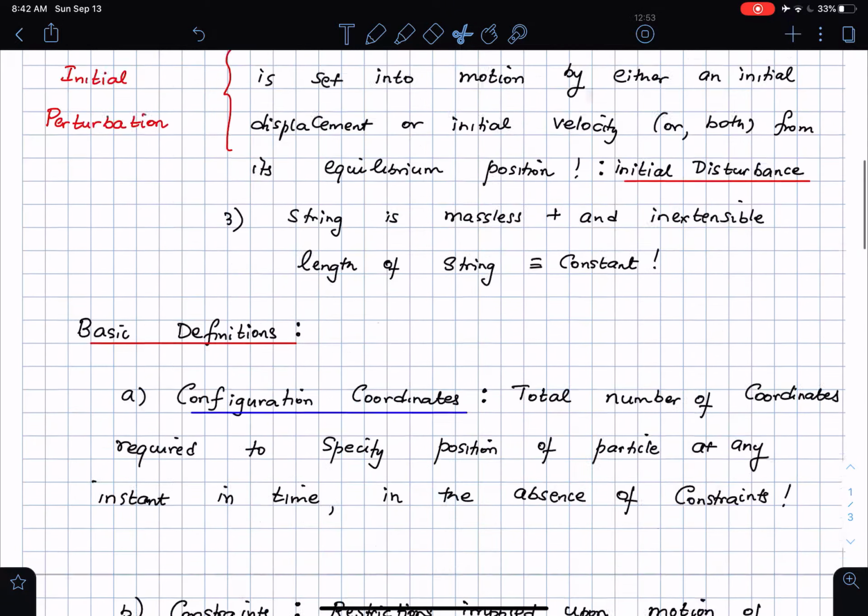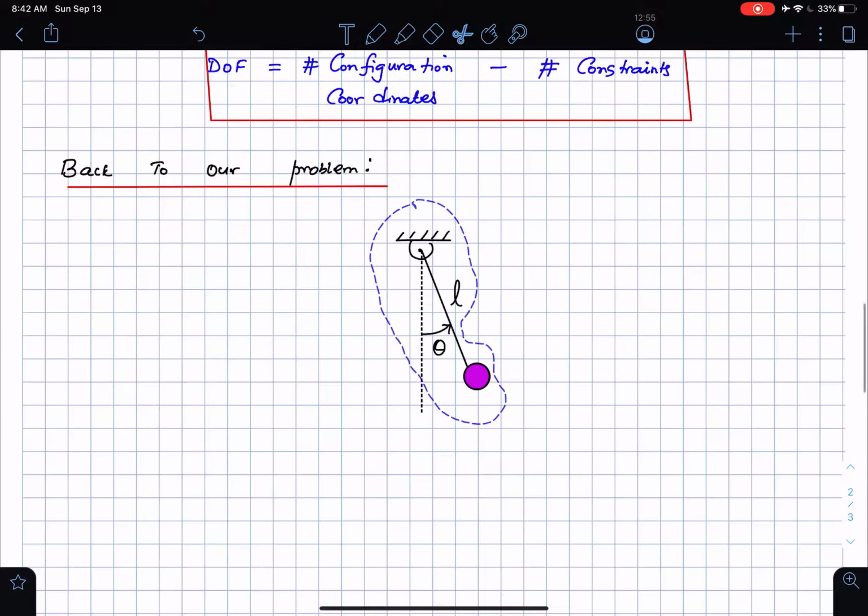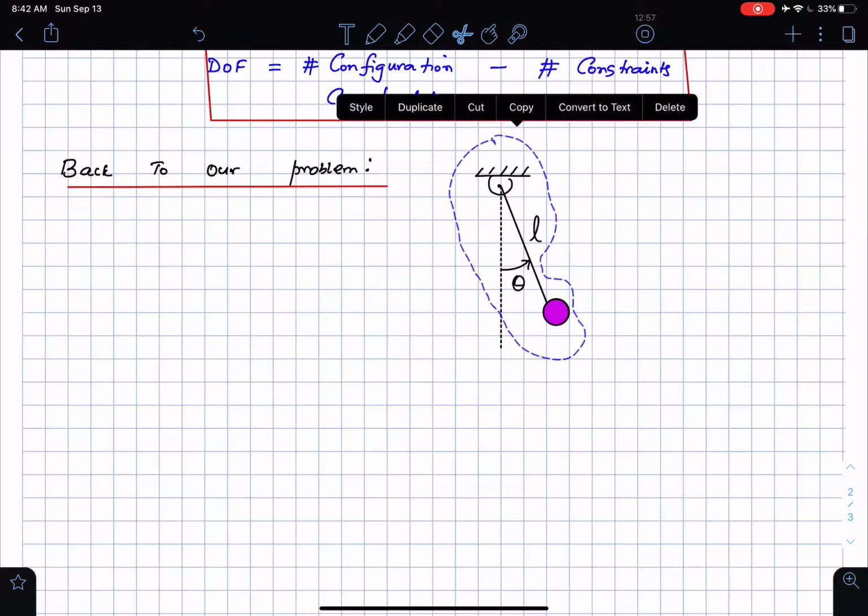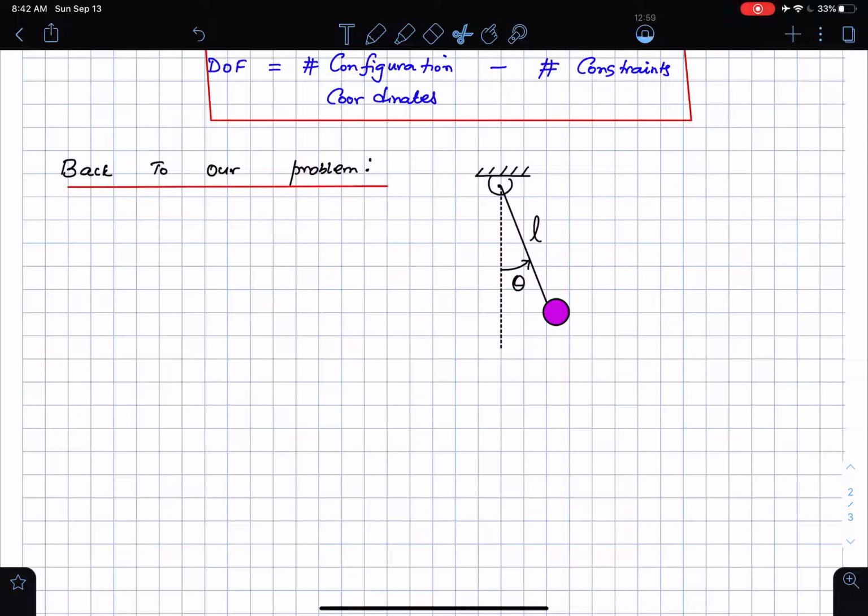Alright, so here is our pendulum system. It's a fixed pivot, the length of the pendulum is known, and so on and so forth. So for us, we will start off by writing out the configuration coordinates.